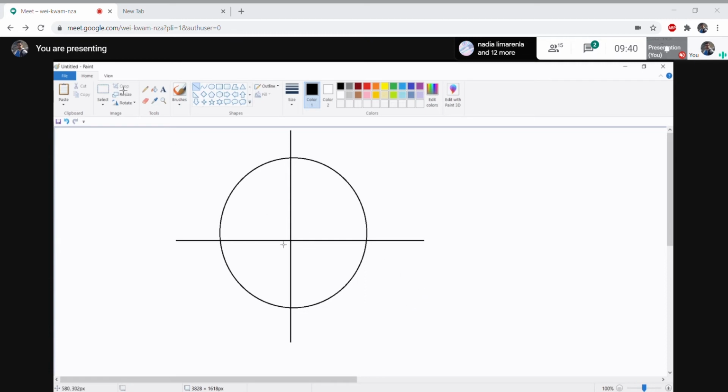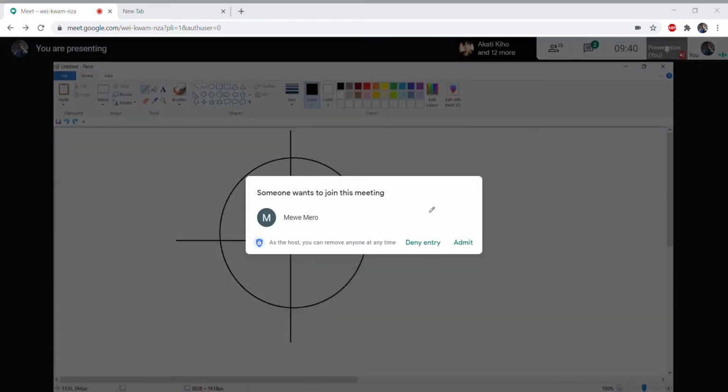Okay, so we know that this is the x-axis. This is the x-axis.